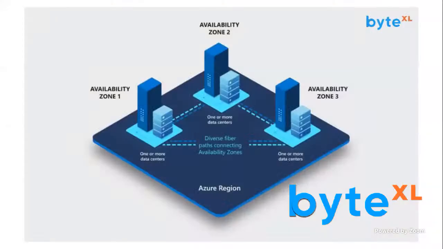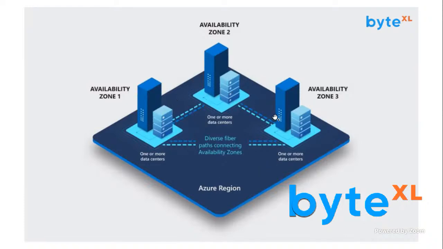Here you can see this is an Azure region. In one Azure region, there are multiple availability zones. This is a single Azure region, for example Central US, and in the Central US region there are multiple availability zones.